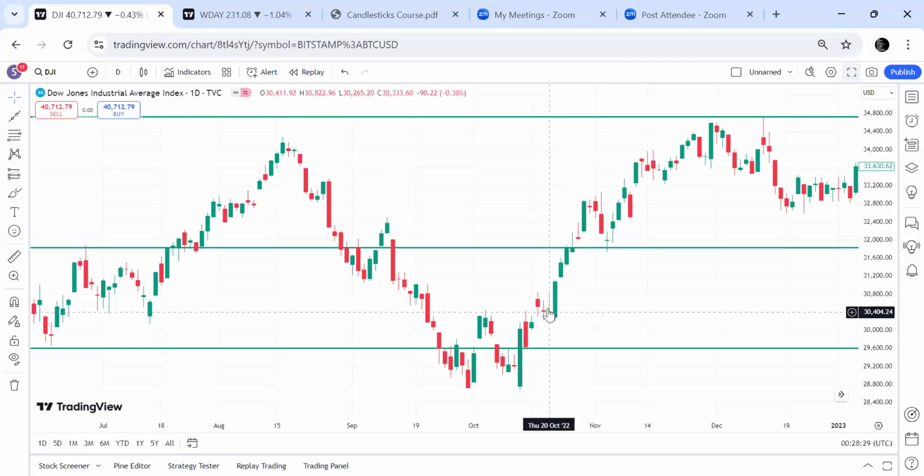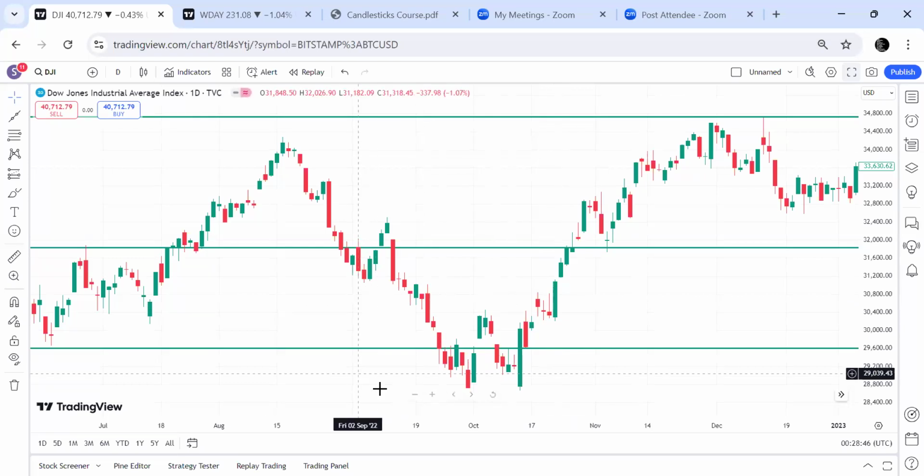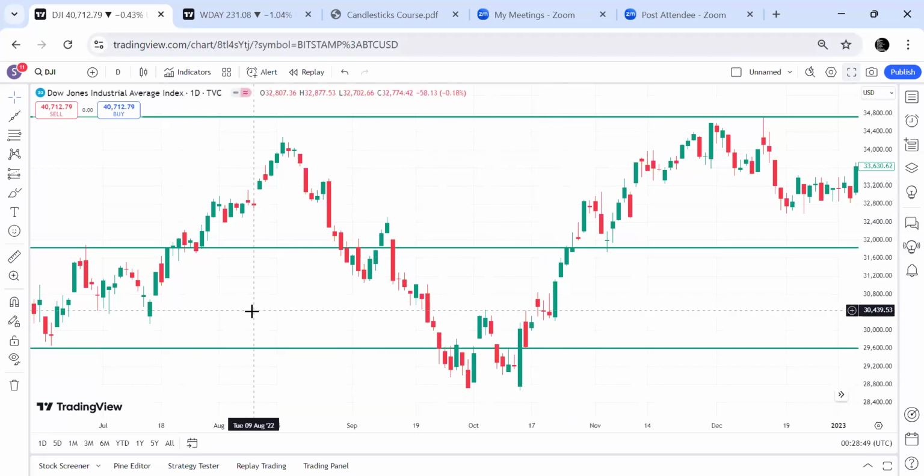As you can see, the price went from 30,000 to 34,000. Almost 3,500 points I got. So the purpose of these Marubozu candles is: when such a candle appears at a resistance level or a potential reversal zone, it can signal a potential continuation of the upward movement.